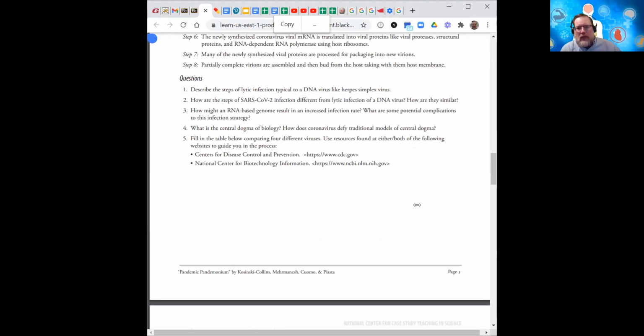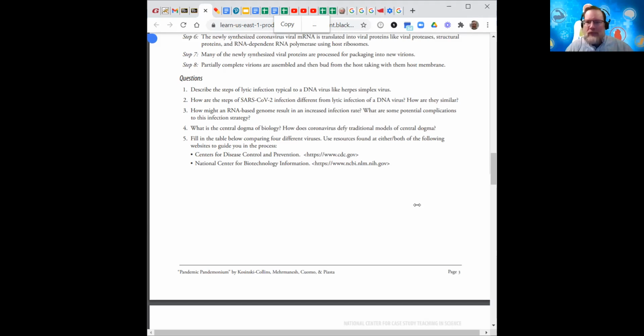So your typical lytic virus, lysing. The virus gets recognized by the host cell at the cell membrane level, and then viral DNA gets released and moves into the cell, makes its way into the nucleus, and then that viral DNA gets incorporated into the host DNA.